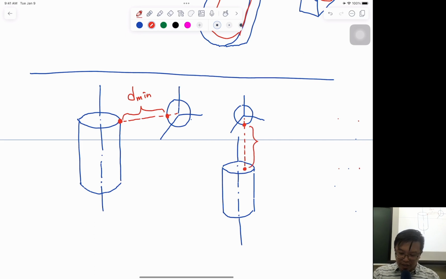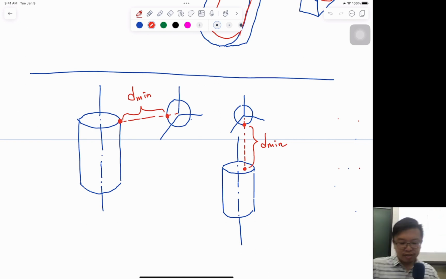In this case, this will be the D minimum. Okay, so from here you can tell you still need to figure out a way to find the pair of points that shows you the shortest distance. Still, it's a kind of optimization process, but we realize we don't really need to. It's a geometrical problem. It's not yet optimization.